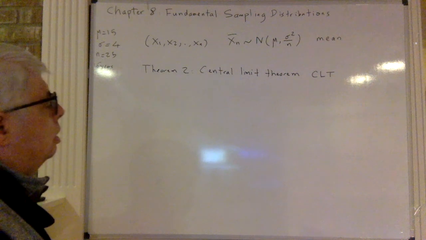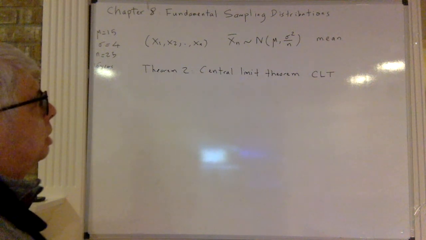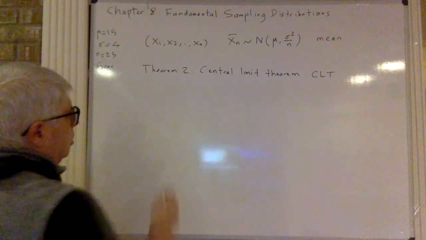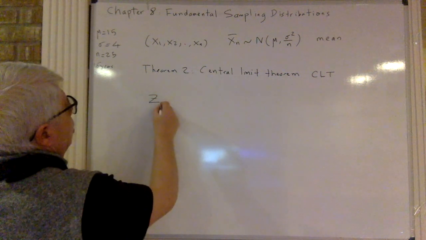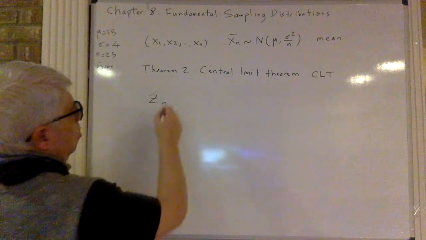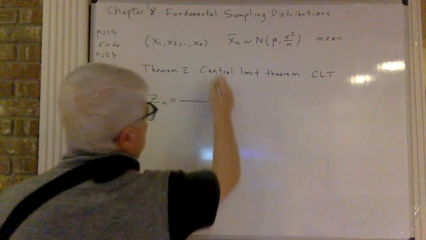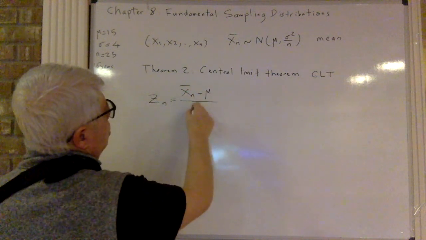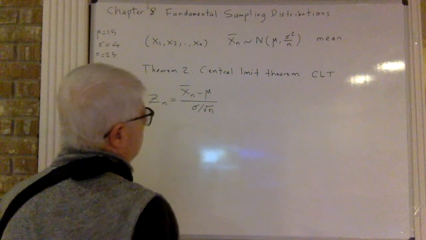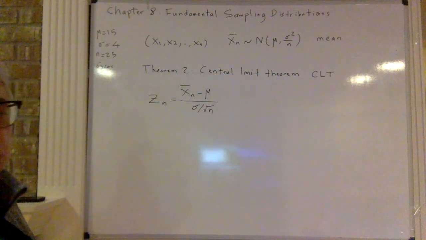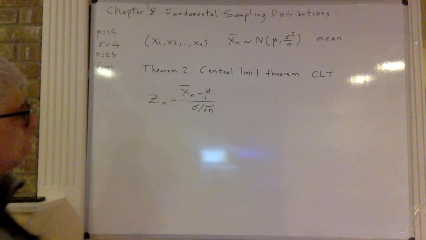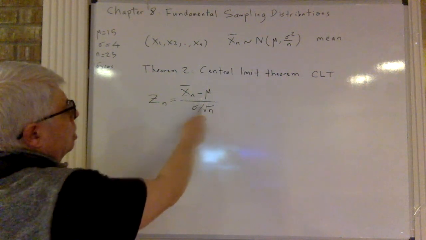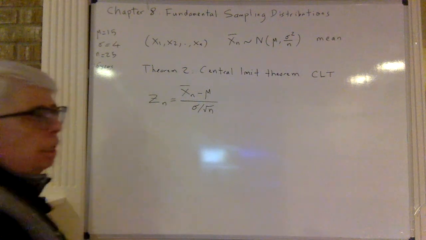It's saying this: let's write another random variable, my random variable Zn, which is x bar n minus mu over sigma over square root of n. This statistic is a random variable itself, because x bar n is a random variable. These others are constants, and n is changing.